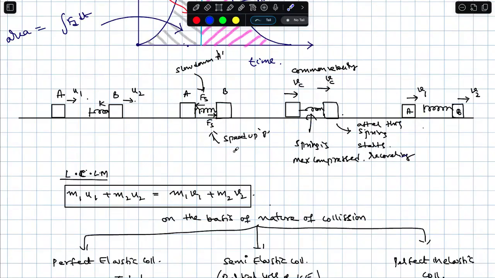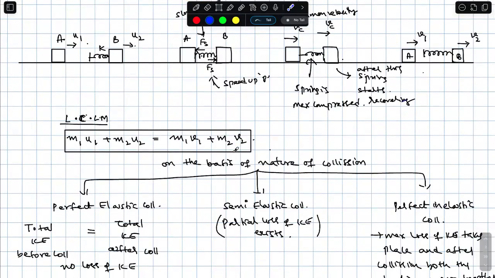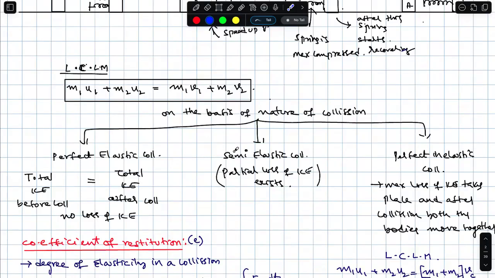Next, the law of conservation of linear momentum: m1 u1 plus m2 u2 is equal to m1 v1 plus m2 v2. You can apply this irrespective of the nature of the collision, because there is no external force. Momentum must be conserved.